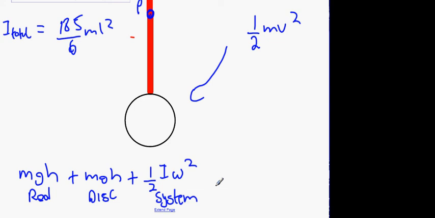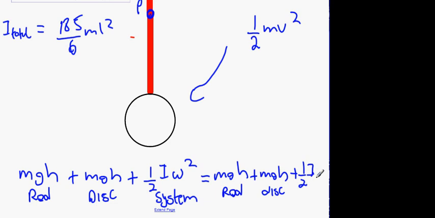Now, this has to equal the potential energy of the rod at the end, the potential energy of the disk at the end, plus the rotational energy of the system at the end. So basically one side is the start, the other side is the end.